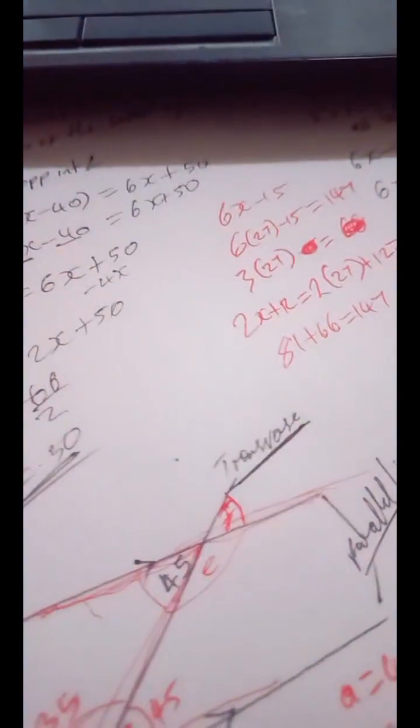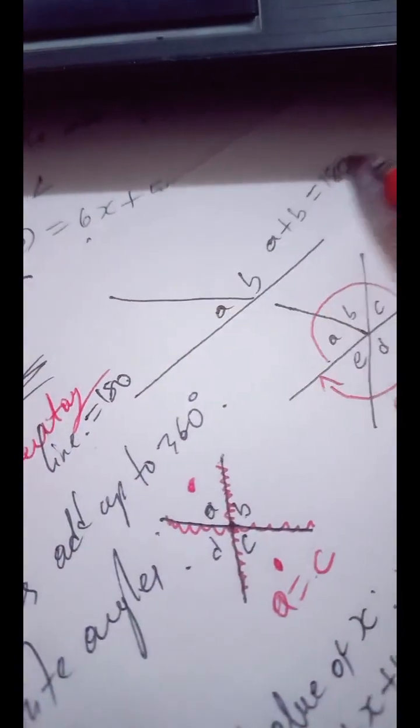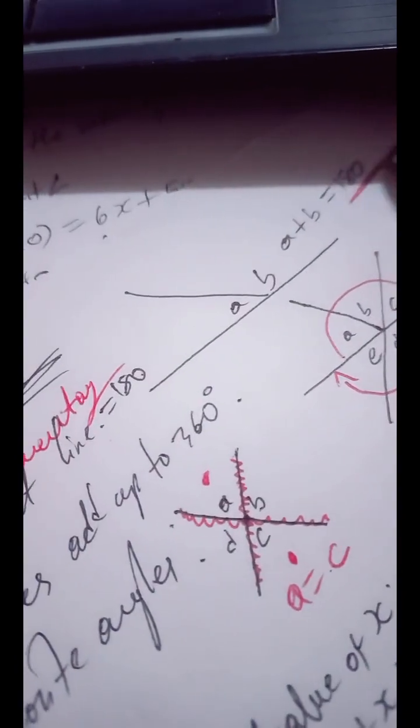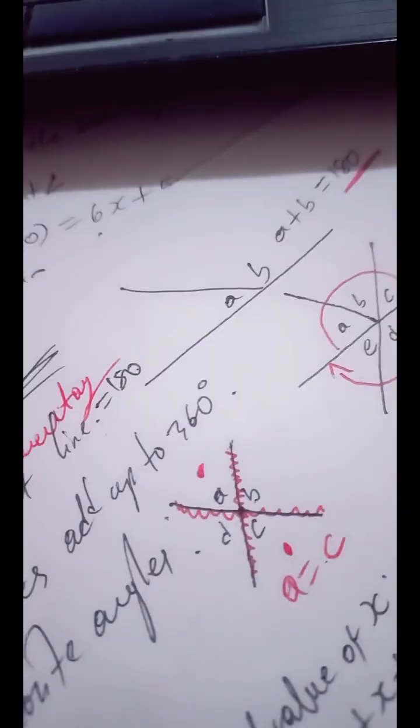But angles on a straight line, we talked about it earlier. Angles on a straight line like this add up to 180.